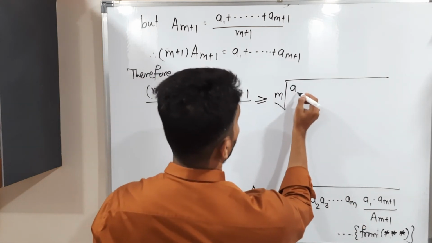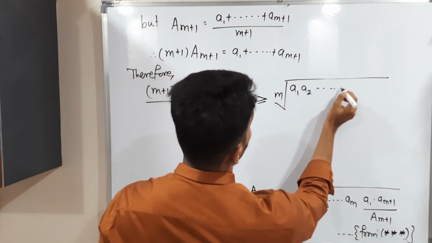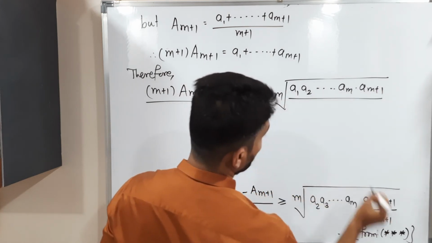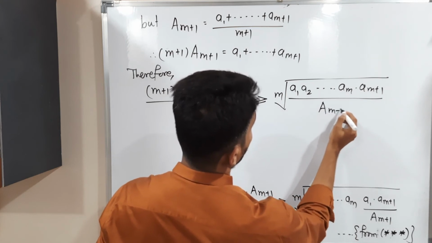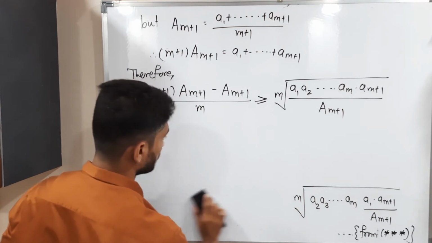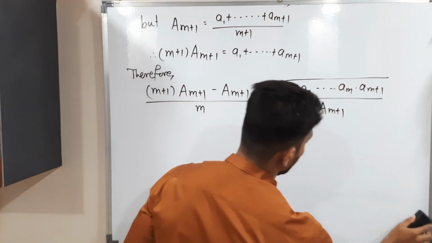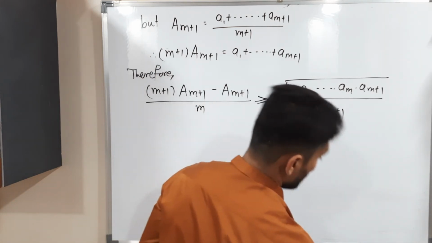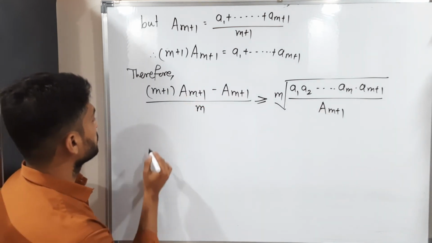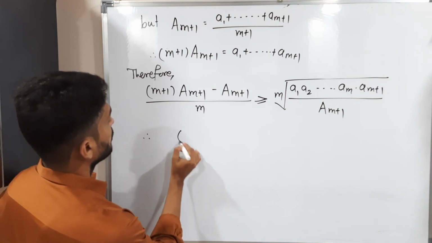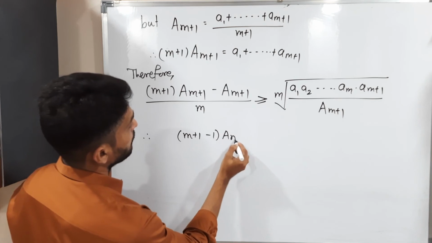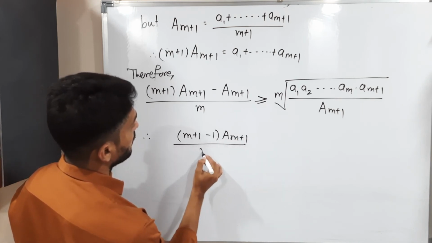I will write in proper sequence a1, a2 and so on to am plus 1, and in the denominator we have capital Am plus 1. Let me remove this part. We have used this inequality. Okay, see, we can take am plus 1 common. So therefore m plus 1 minus 1, Am plus 1 divided by m.